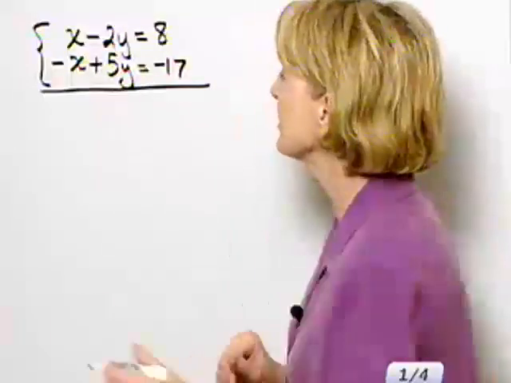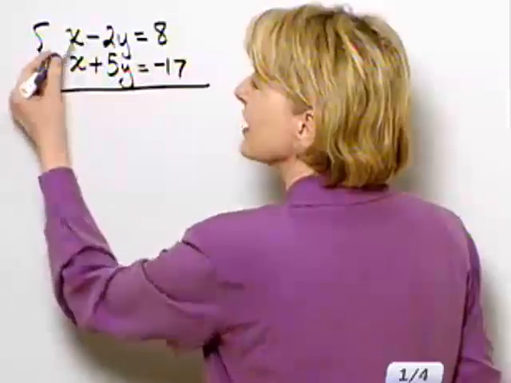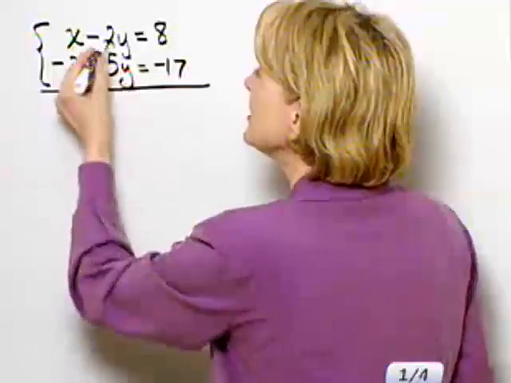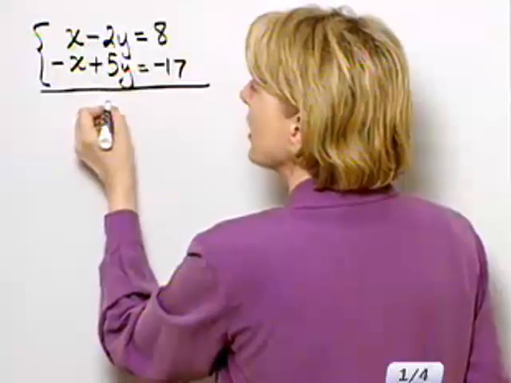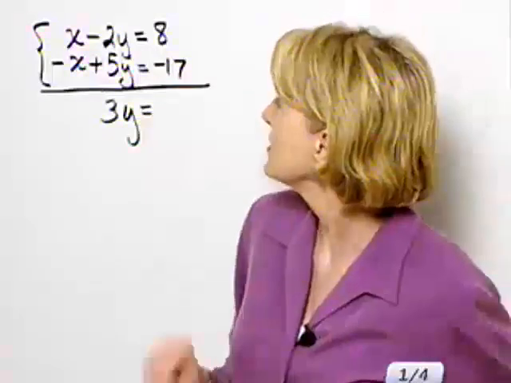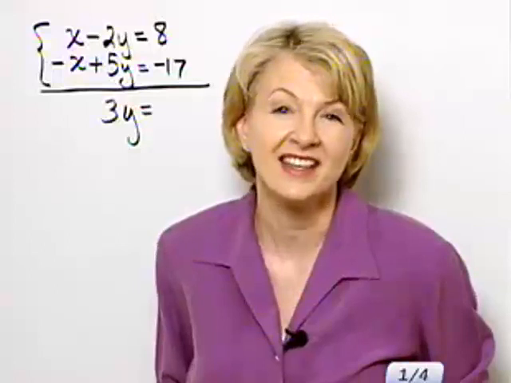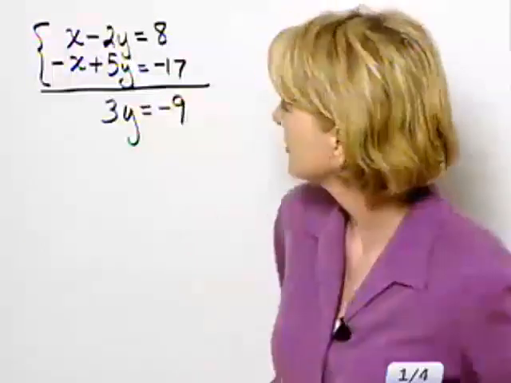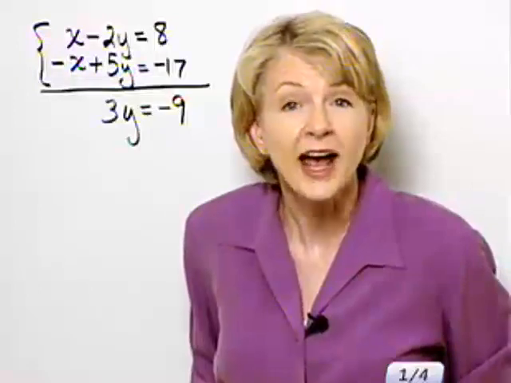So let's do that. Let's add the left sides: x minus x, that's 0x or 0, and then negative 2y plus 5y, that's 3y, is equal to, what is 8 minus 17? That is negative 9. And now notice what happens.